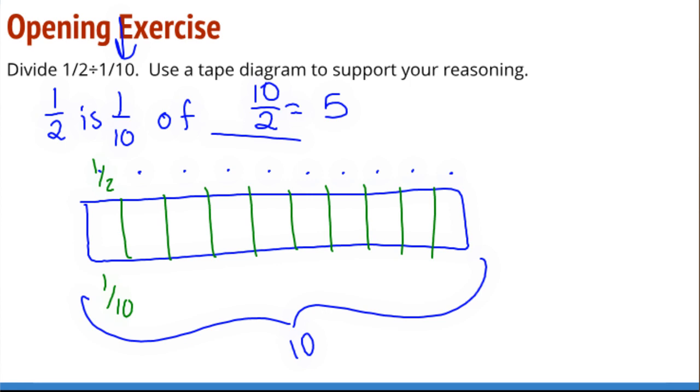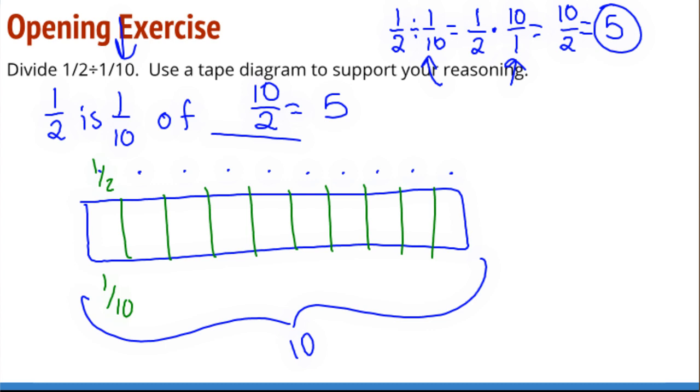And if we were to look at this as the invert and multiply rule, we would have 1/2 divided by 1/10, and we would say that that is equal to 1/2 multiplied by 10 over 1, using the reciprocal of the divisor. And if we multiply, we have 10 halves, which is equal to 5.